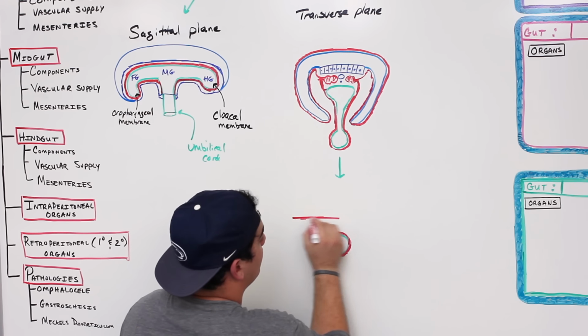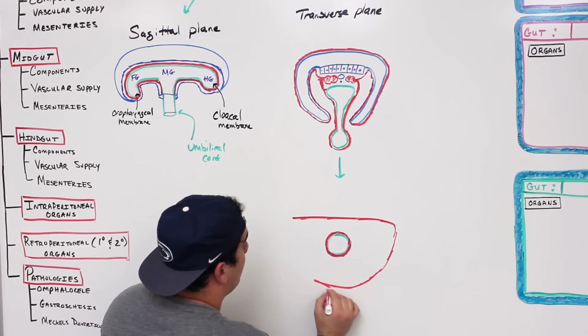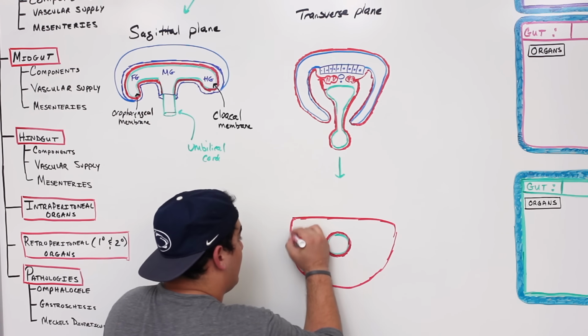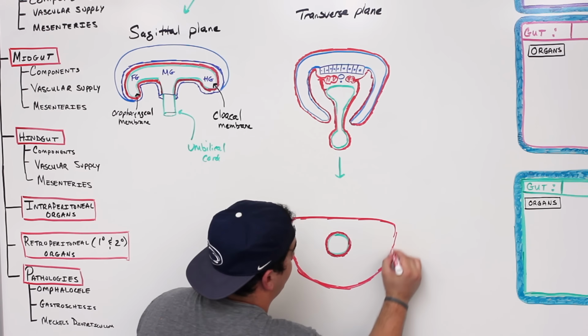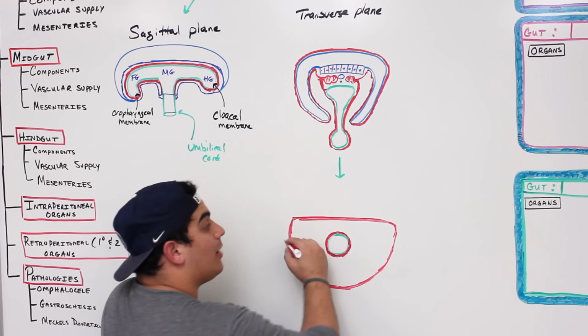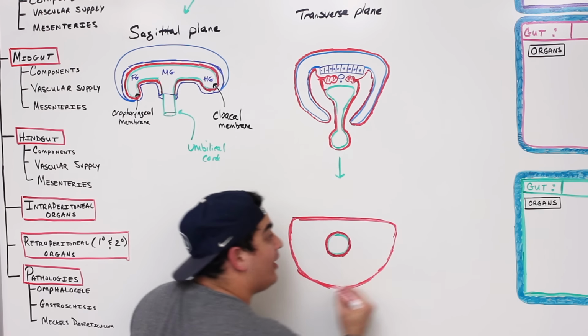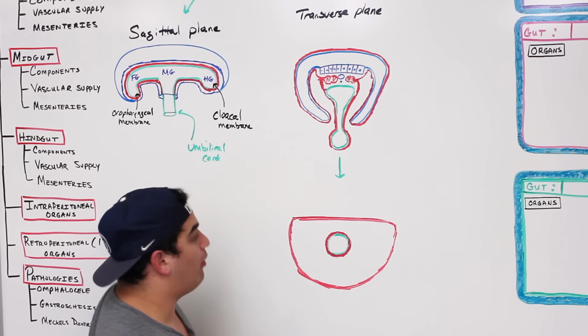Around the walls, we should have the somatic mesoderm. So this should be the somatic mesoderm right here. Now, the somatic mesoderm is important. Why? Because it helps to form the parietal serosa, or the parietal peritoneum, which is extremely important.